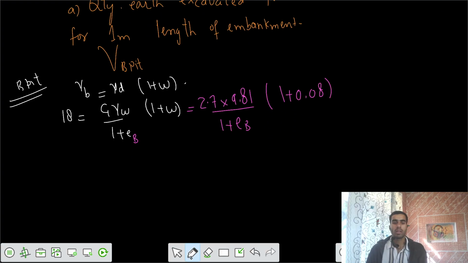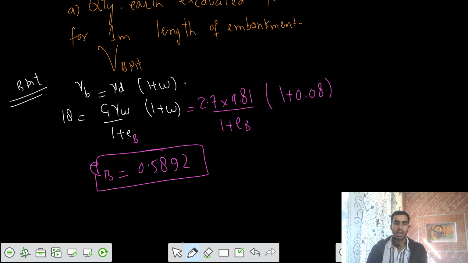From that you can get the void ratio for your borrow pit. That's coming out to be 0.5892. This is the void ratio of that material in the natural condition, in the borrow pit condition.